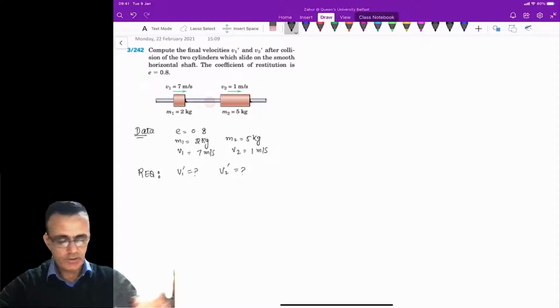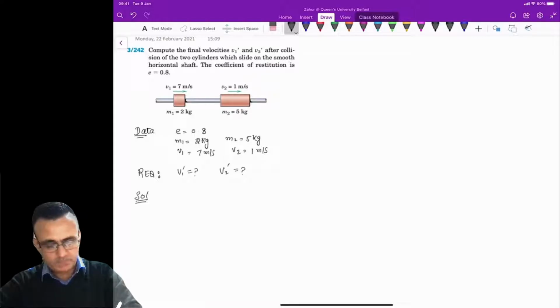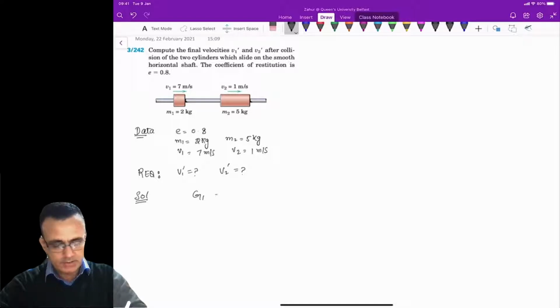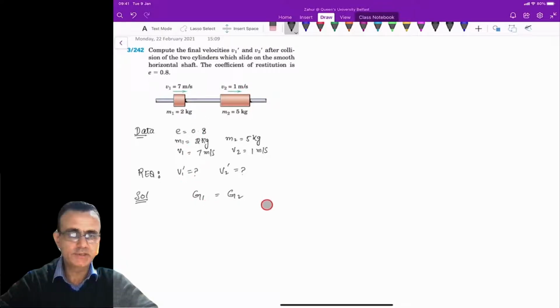Okay, so to solve this problem, we will start with the basic equation, that is G1 equal to G2. So the initial linear momentum is equal to the final linear momentum, because the contact force between the two masses will be equal and opposite.